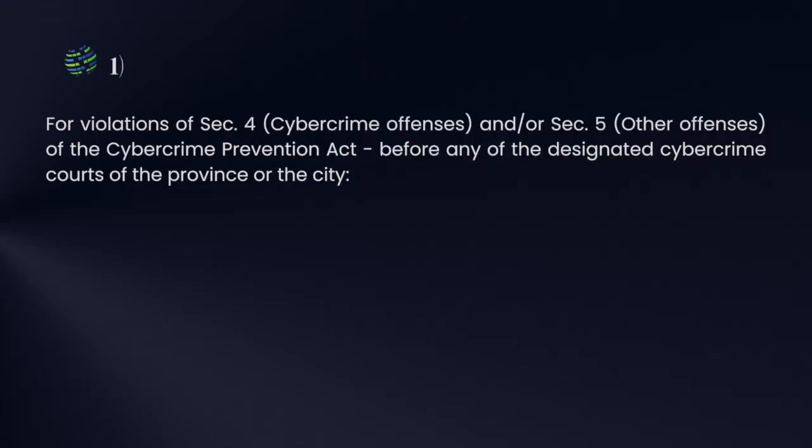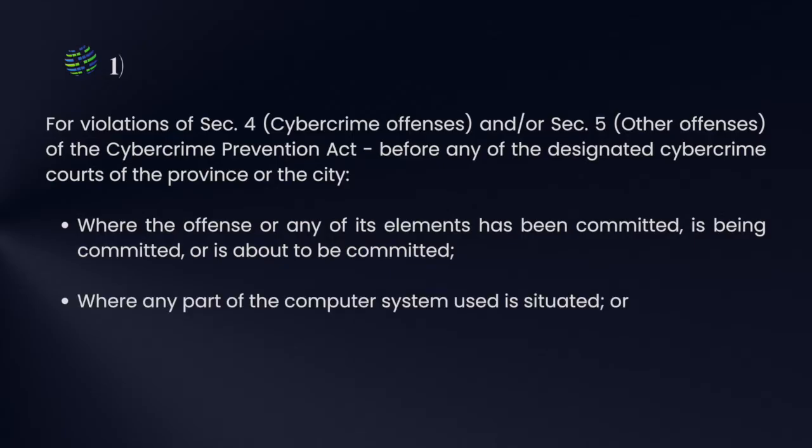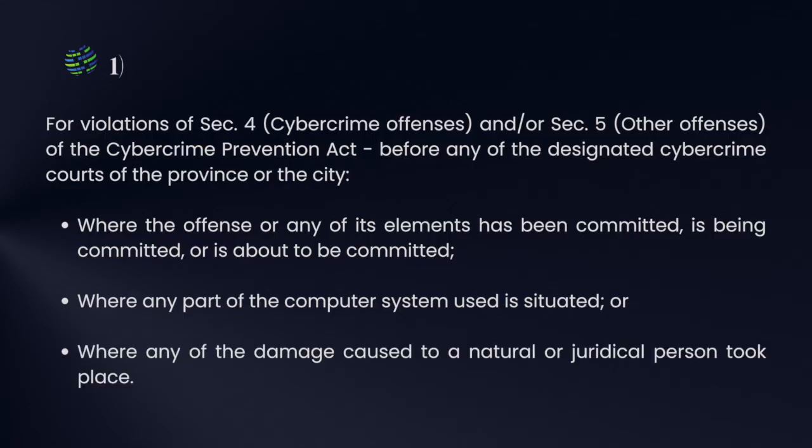First, for violations of Section 4, cybercrime offenses, and/or Section 5, other offenses of the Cybercrime Prevention Act, the cybercrime warrant shall be filed before any of the designated cybercrime courts of the province or the city where the offense or any of its elements has been committed, is being committed, or is about to be committed, where any part of the computer system used is situated, or where any of the damage caused to a natural or juridical person took place.